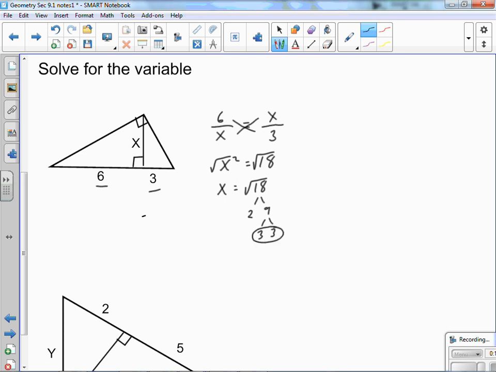So anytime you have a factor tree, anything you have a pair of would come outside the radical. Anything that's by itself stays under. So ultimately we could say x is equal to 3 square roots of 2. We had a pair of 3s, so 3 comes out. The 2 all by itself stays home underneath it.